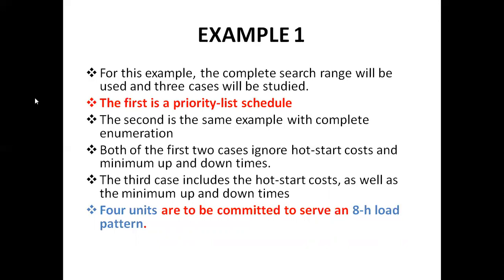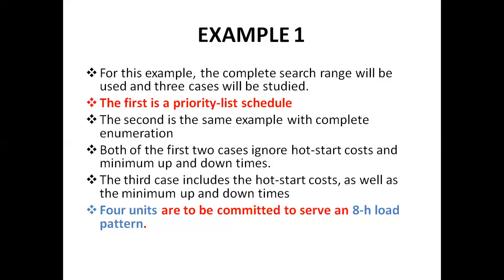The first case that I will discuss today is the priority list schedule, and the second case is using the same example with complete enumeration. For both of the first two cases, we ignore the hot start cost and minimum up and down times.